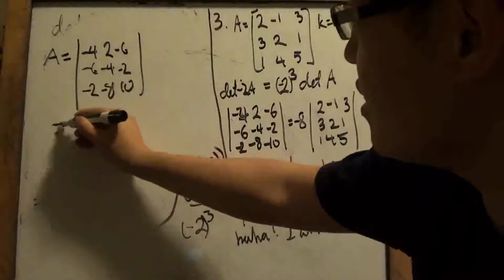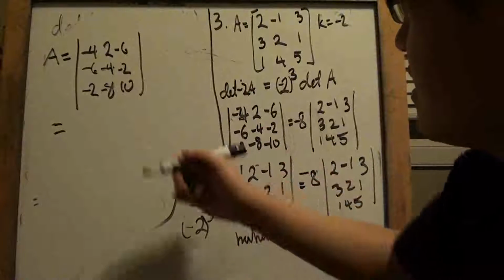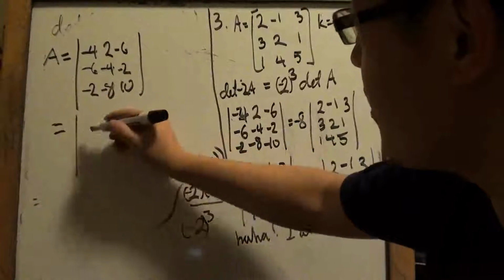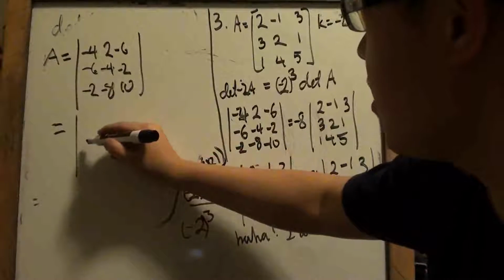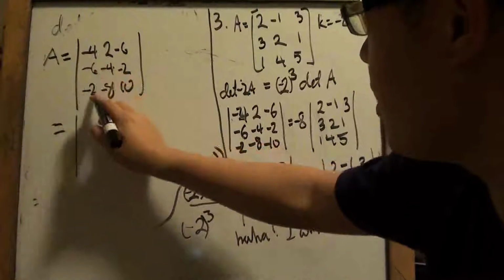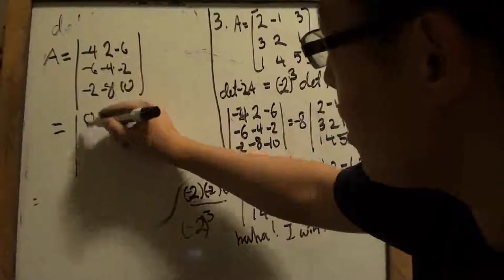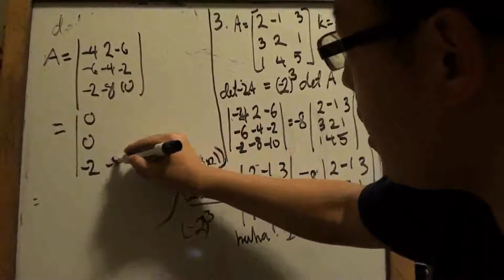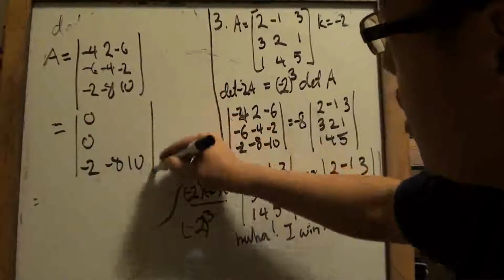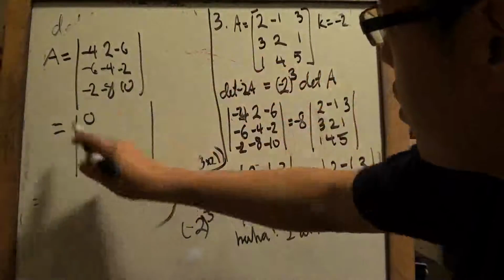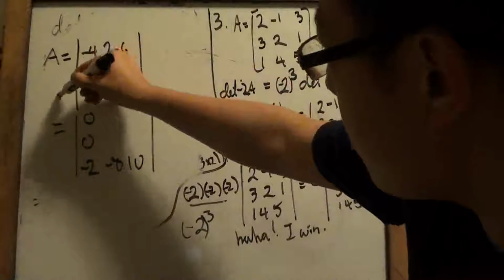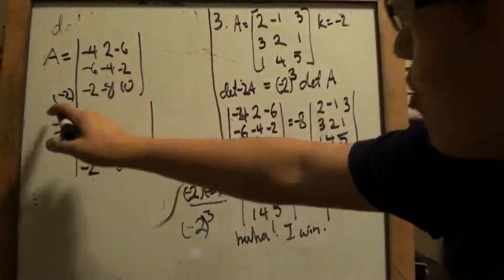Austin would hate this method after he sees this. I'm not sure if he watches my video, but whatever. So we can make this 0, 0, -2, 8, 10. So 2 times, so this times, yeah. This is how Maria showed us to do it.